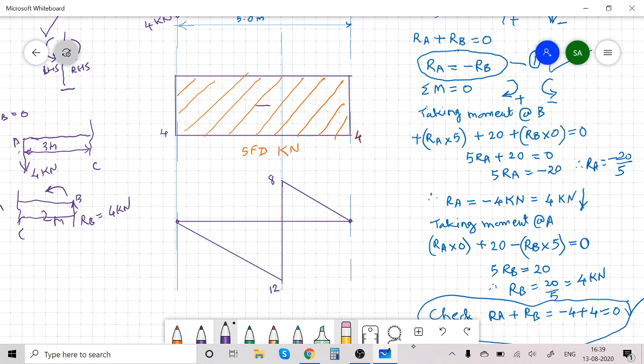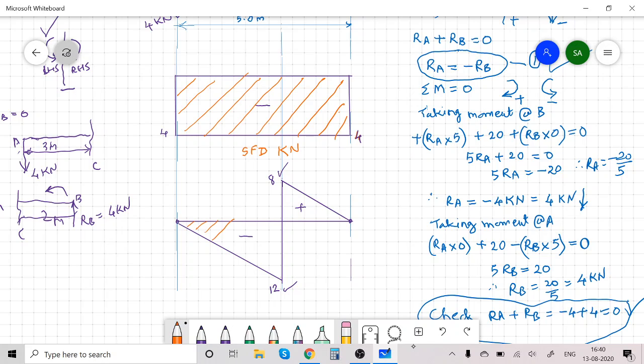I will repeat, at C, if you consider left hand side, the moment is minus 12. At C, there is a clockwise moment of 20. So minus 12 plus 20, that is plus 8. And same moment we get, that is plus 8, if we consider the right hand side of C. So mark above the baseline positive, below the baseline negative.